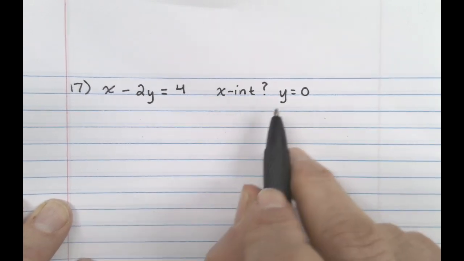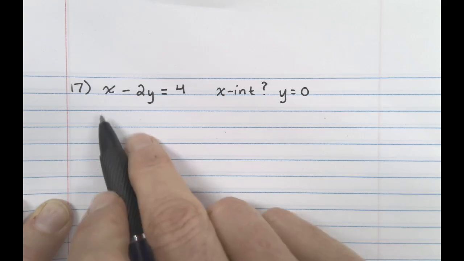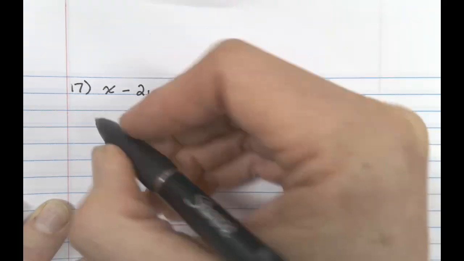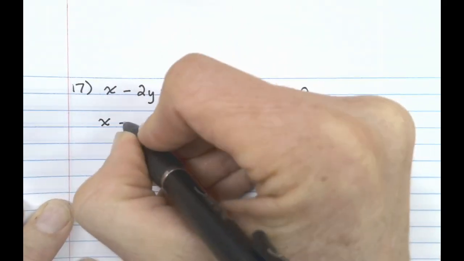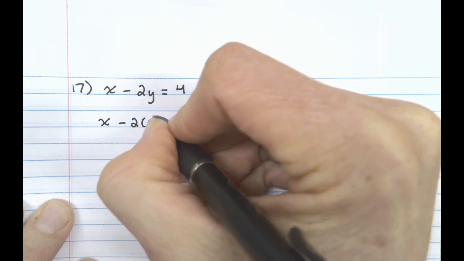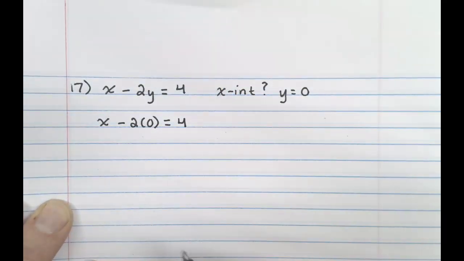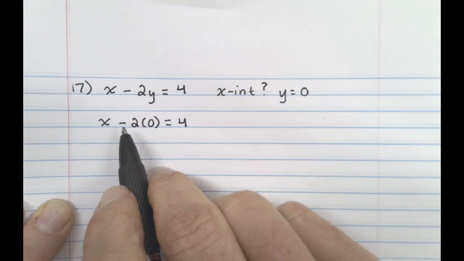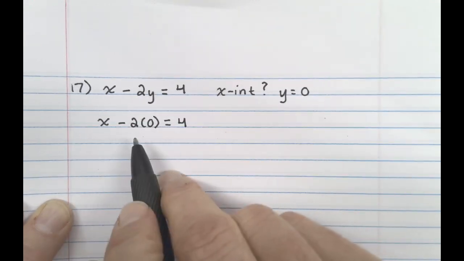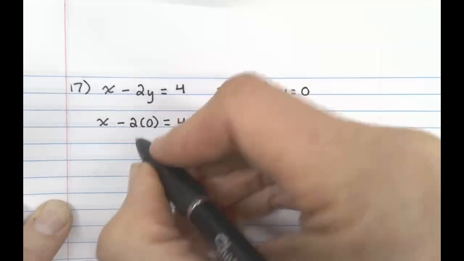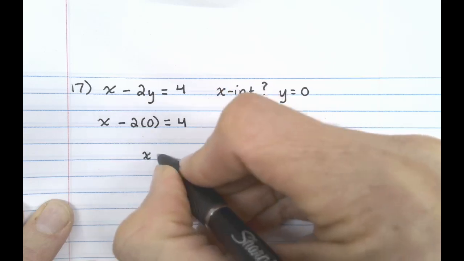I take y equals 0, and I plug that 0 in for y. So I've got x minus 2 times 0 equals 4. Minus 2 times 0 is just 0. So this turns into x equals 4.